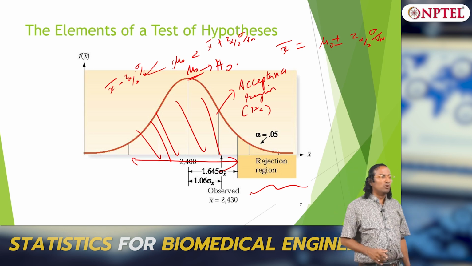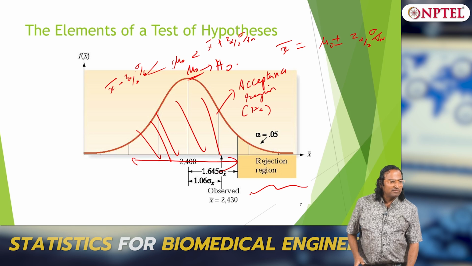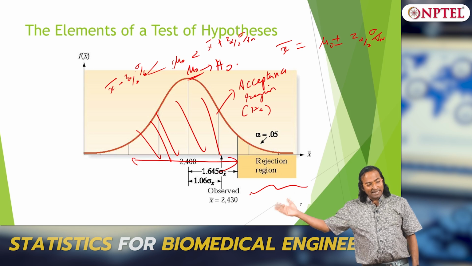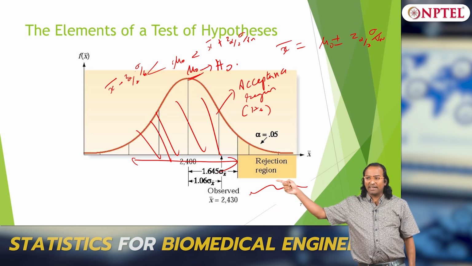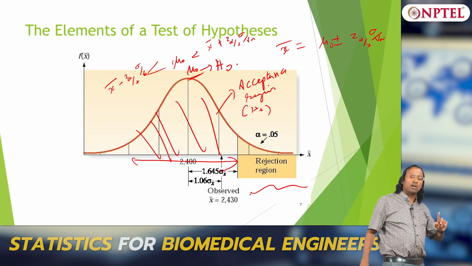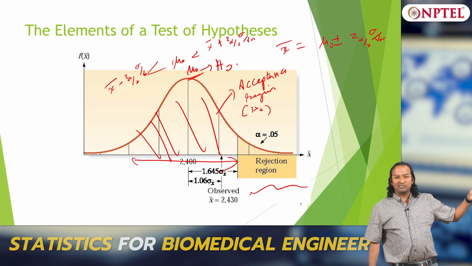Whereas when mu is greater than mu naught, I do not care about the left side, I only care about the right hand side. Your rejection region is only on the right hand side when mu is greater than mu naught, and when mu is less than mu naught, your rejection is only on the left hand side.